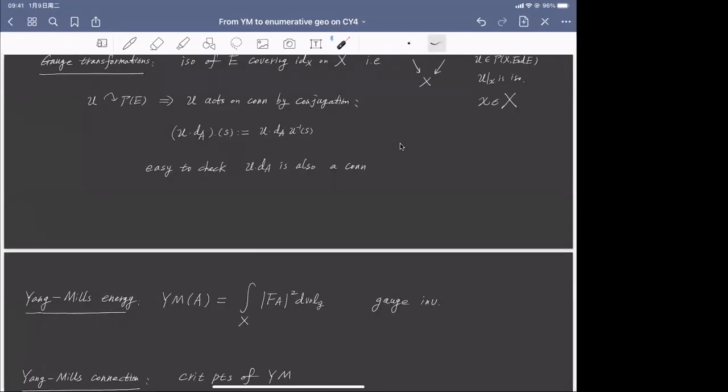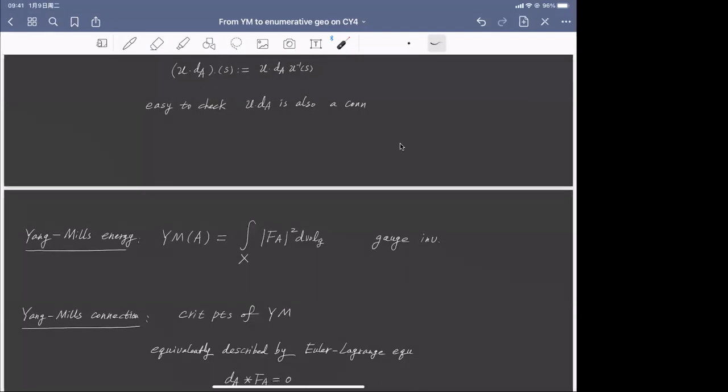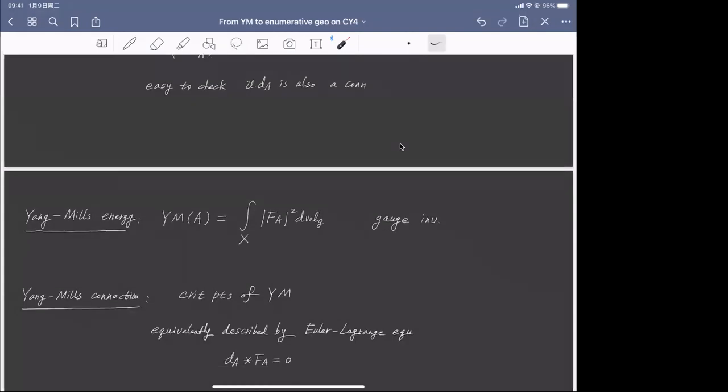So then we introduce what is called Yang-Mills energy. So for any connection A, the Yang-Mills energy of this connection is defined to be the L2 norm of this curvature, integrated on X. So this is a number.